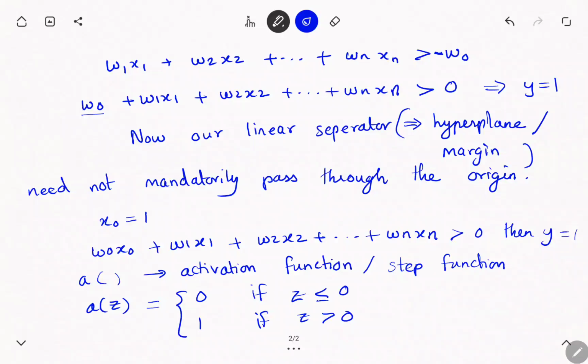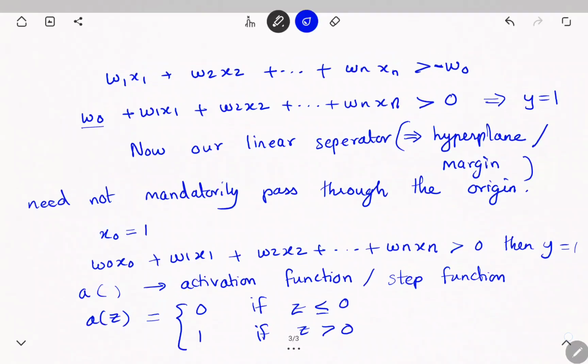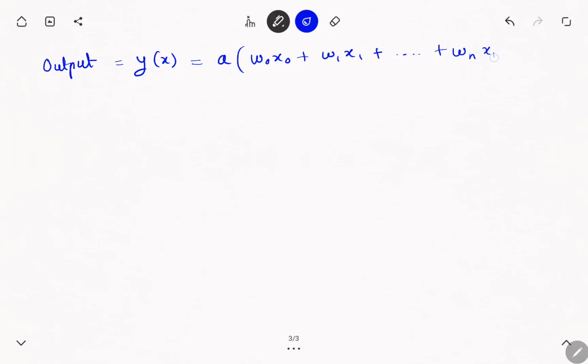Okay, so if I apply the activation function, then my output, that is y as a function of x, is actually applying A to w0 x0 plus w1 x1 plus so on plus wn xn.